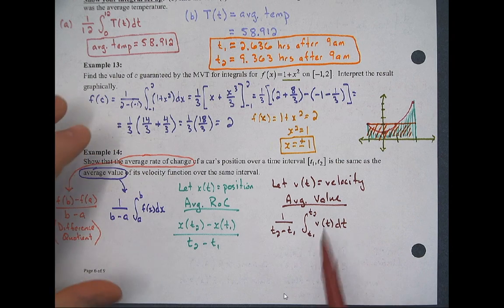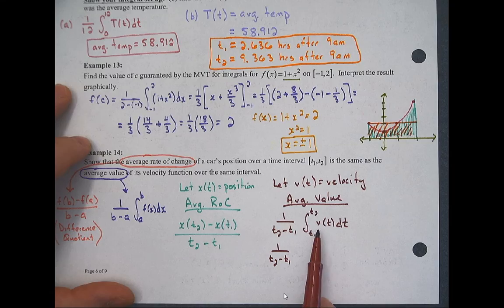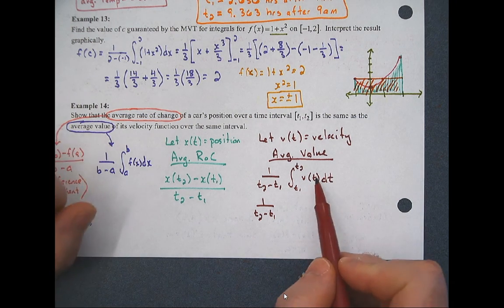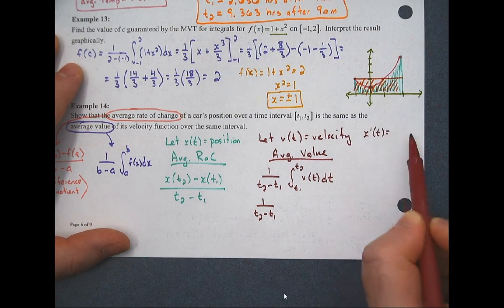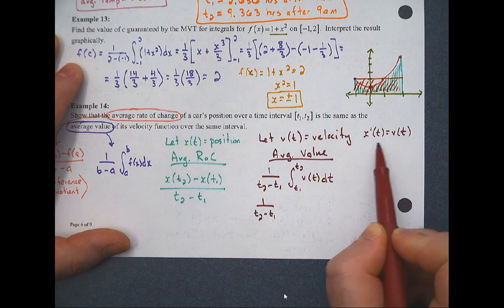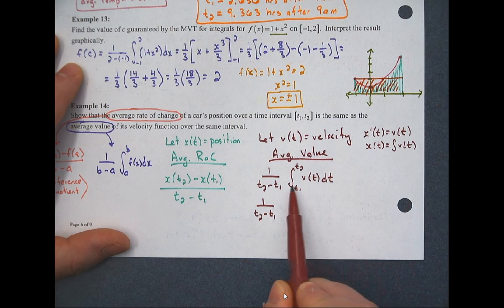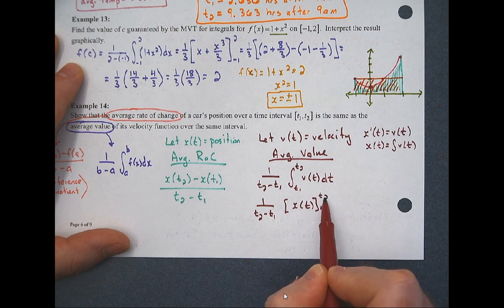Okay, well, let's integrate this thing. So I've got 1 over t2 minus t1 times the integral of velocity, well, we know that. Whose derivative is velocity? Position. So the integral of velocity would be position. So if x prime of t is equal to v of t, therefore x of t is equal to the integral of v of t. So if I integrate v of t, I get x of t. So this would be x of t from t sub 1 to t sub 2.